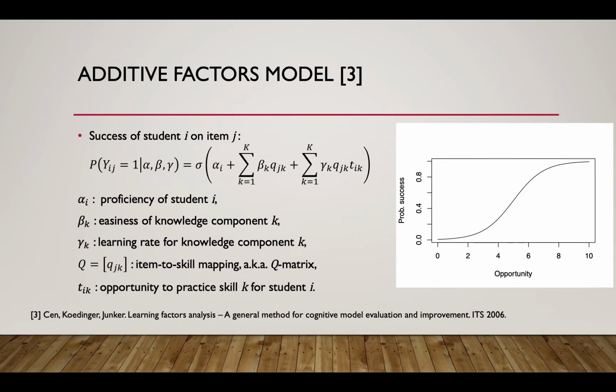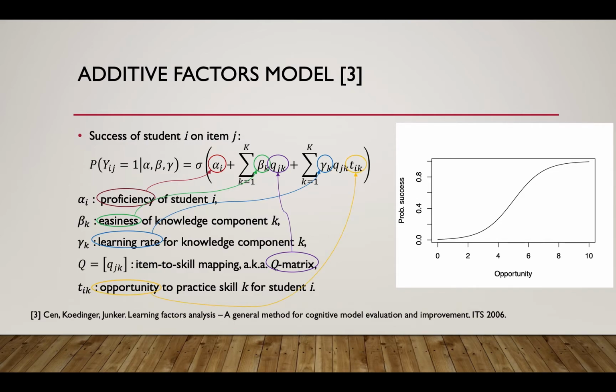AFM models the probability of success of a student on an item as an additive combination of several elements: the proficiency of the student, the easiness of the skill, beta, and the learning rate, gamma, which models how quickly performance improves with additional practice. The mapping of skills onto test items is provided by the use of the Q matrix.